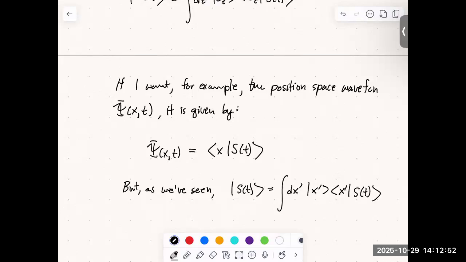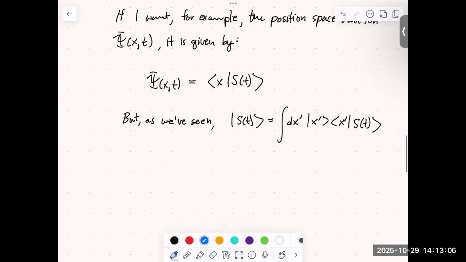Well, if I compare these two, this <x| acting on S gives me the wave function. But here I have <x'| acting on S, so I just get the wave function at x prime, psi of x prime, t. And so what are we left with?